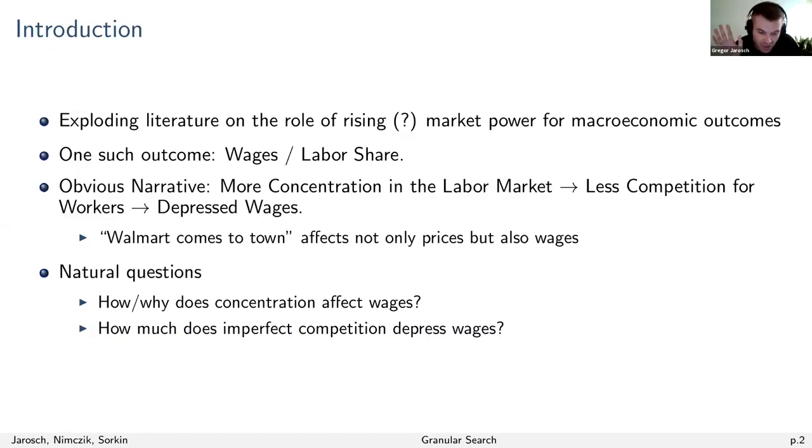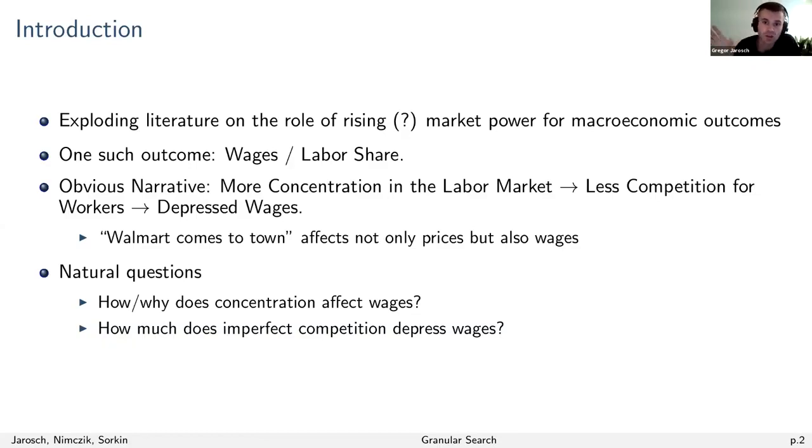I think it's fair to say that this literature shares a premise that market power in various dimensions might be on the rise. A lot of people nowadays argue that one aspect of COVID is going to be that the big firms are going to come out of this even bigger, and the small firms are going to get wiped out.